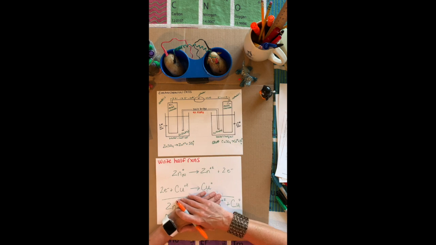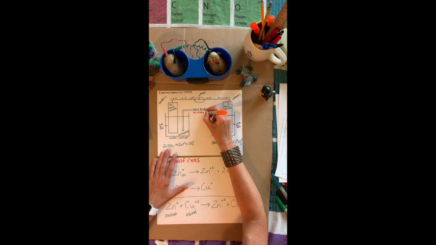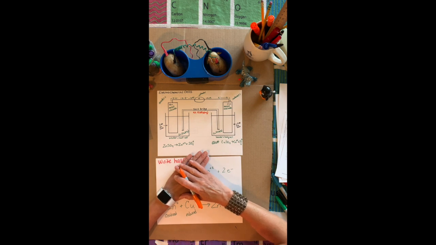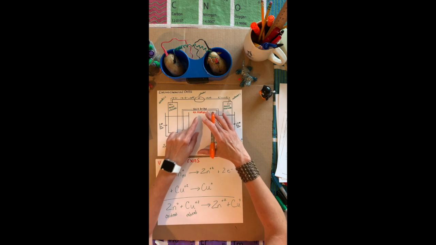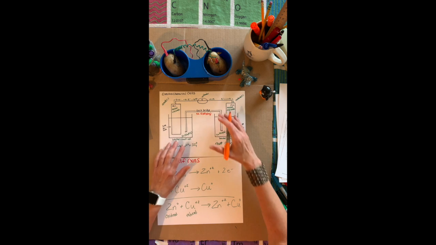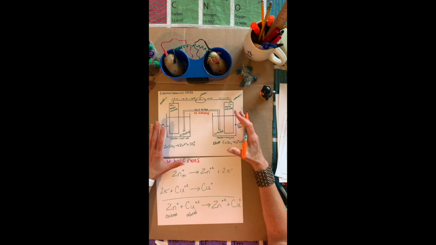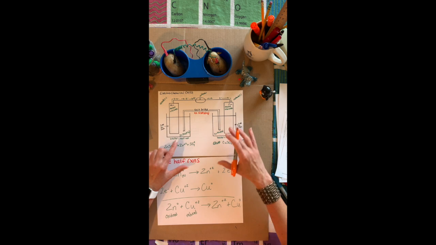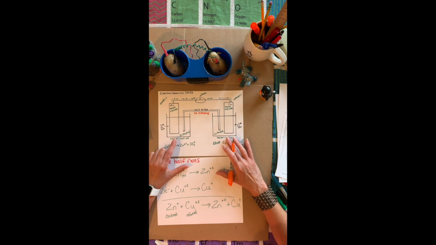But potassium nitrate dissolved in water, and just like these salts here, it dissociates into potassium ions and nitrate ions, K+, NO3-. And this salt bridge is going to serve to balance out the charge.